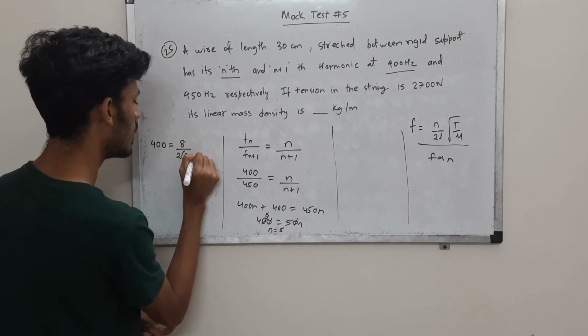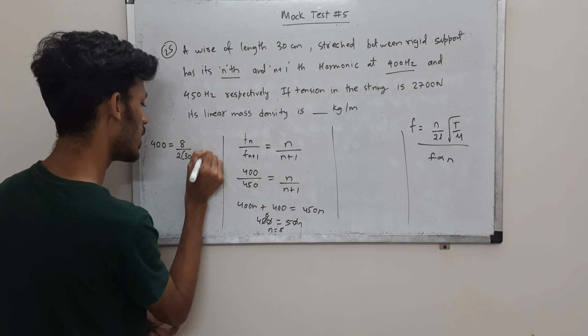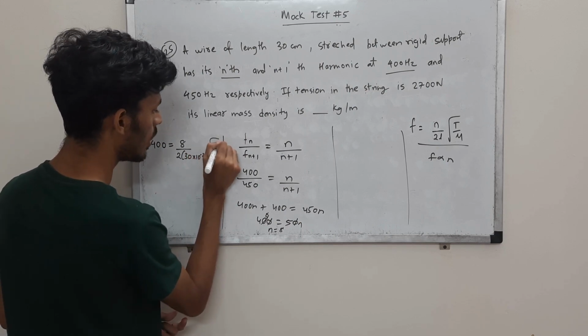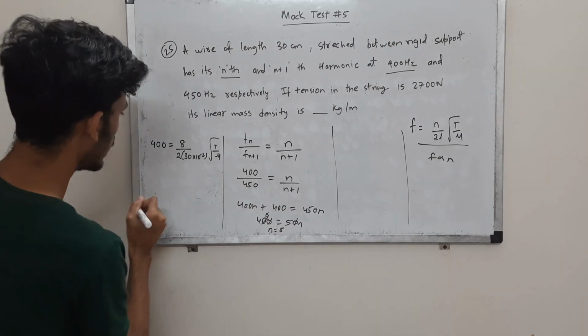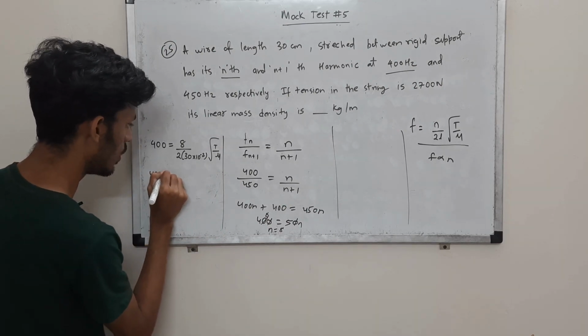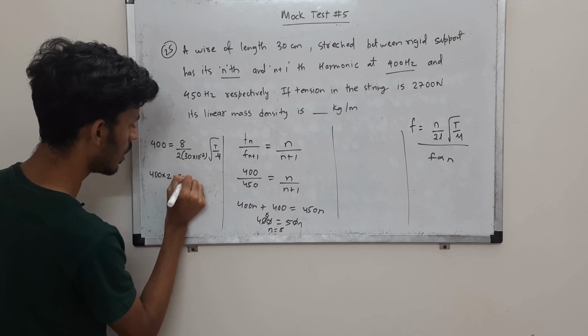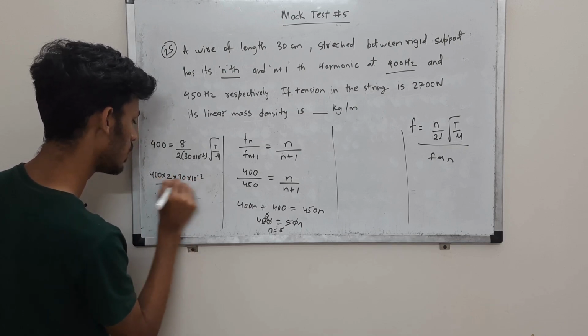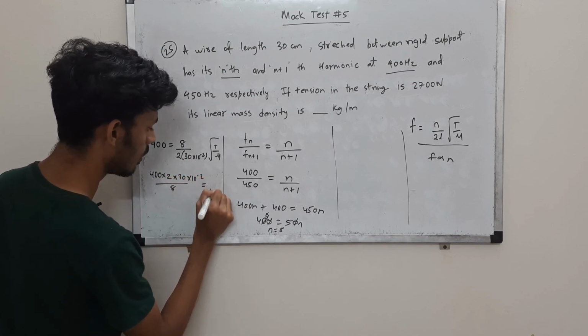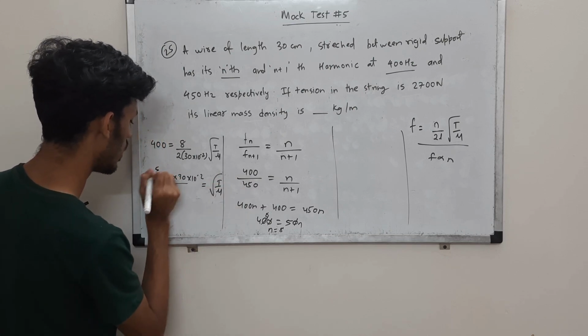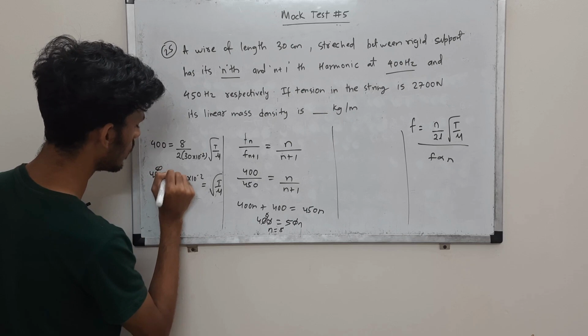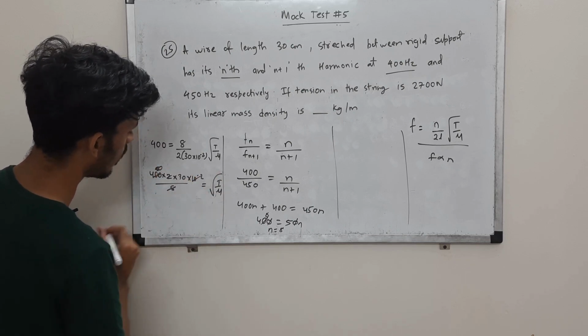L is 30 centimeters, 30 into 10 to the power minus 2. And here we have root T by mu. We'll substitute that later. Let's solve this first. So 400 into 2 into 30 into 10 to the power minus 2 divided by 8, and on that side we have root T by mu. So 8 5s are 40, 50s are basically 2, 2s are 100, and this 10 to the power minus 2.